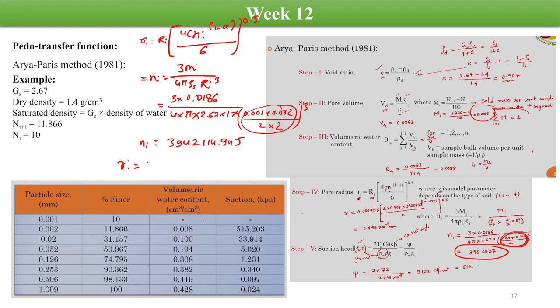Now this thing is going to be 0.0075, multiplied by 4 times this C value.